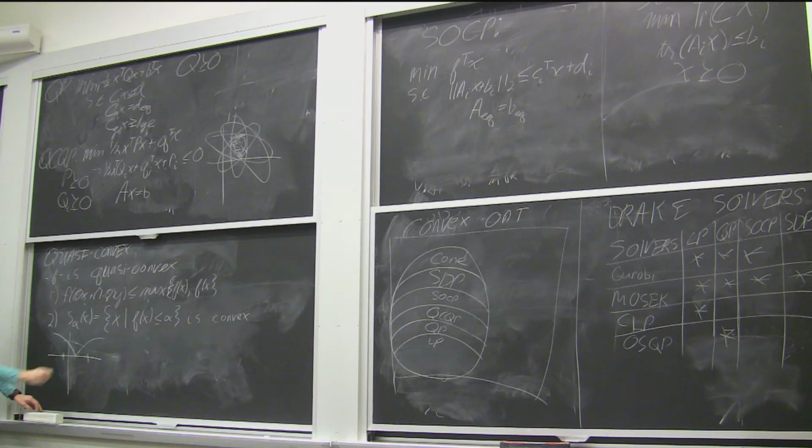If I evaluate at this point, I'm going to be less than the max of these two. Or it means that if I pick some level alpha, and I want everything below it, the set of x's that give me values that are sublevel to that value is a convex set. So this is convex here.